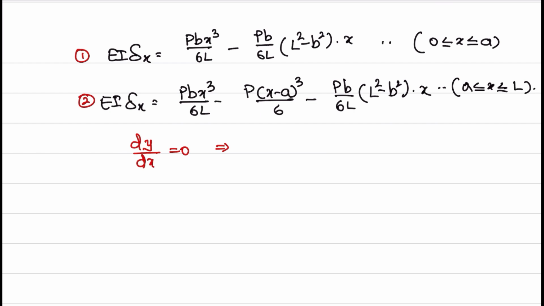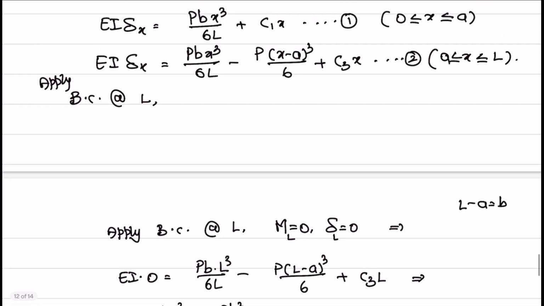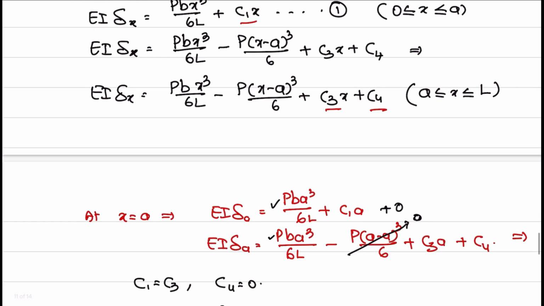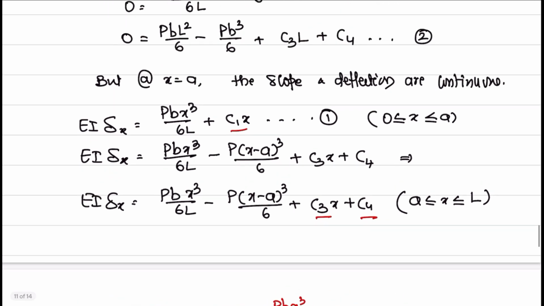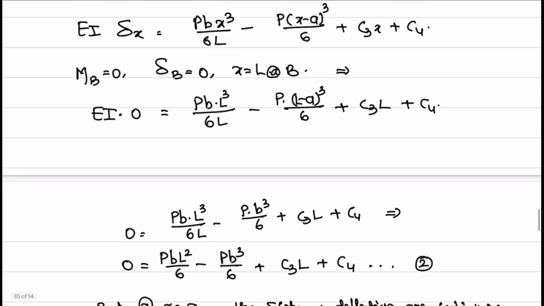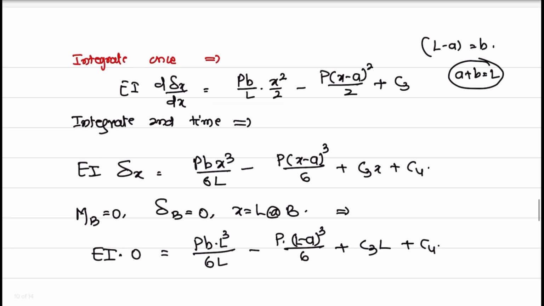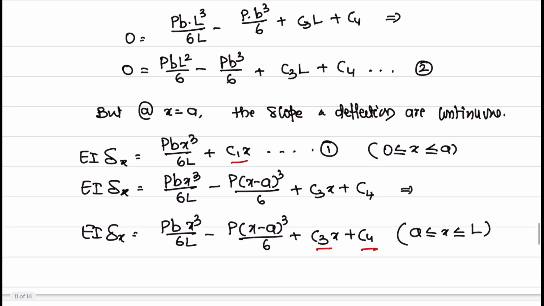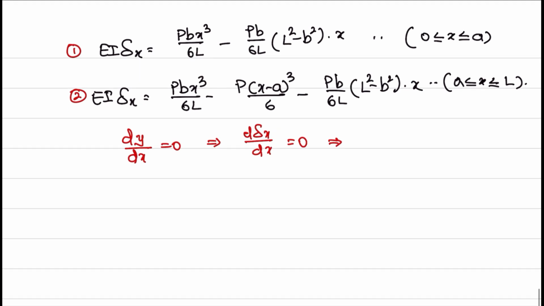Here y is delta x, so d delta x by dx should be equal to 0. Let us say in the first equation, let us do it. What is the first equation when we integrated only once?